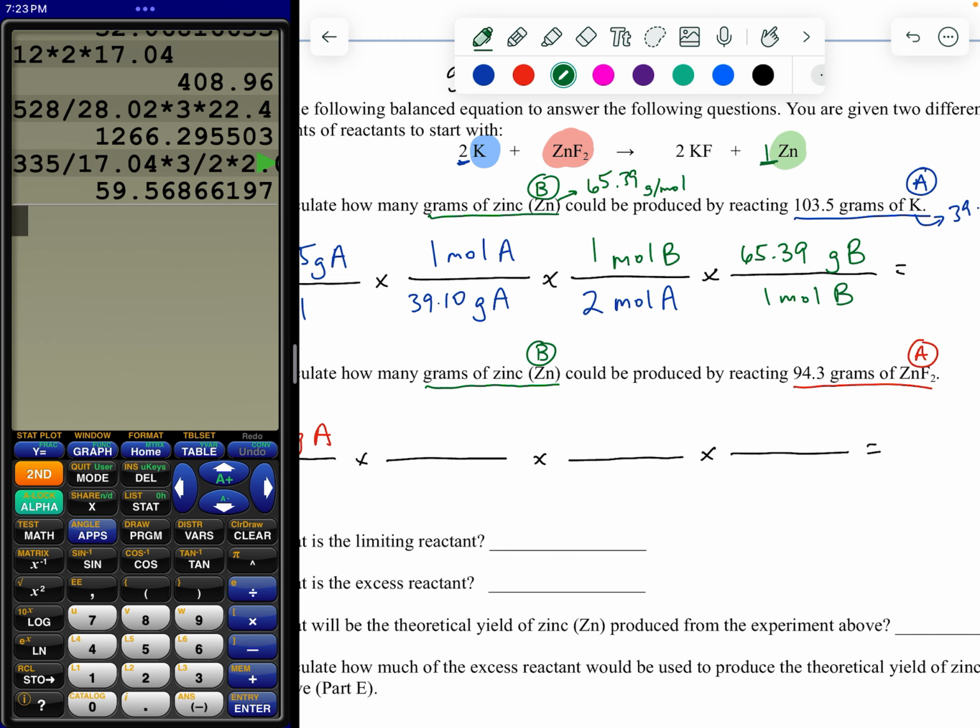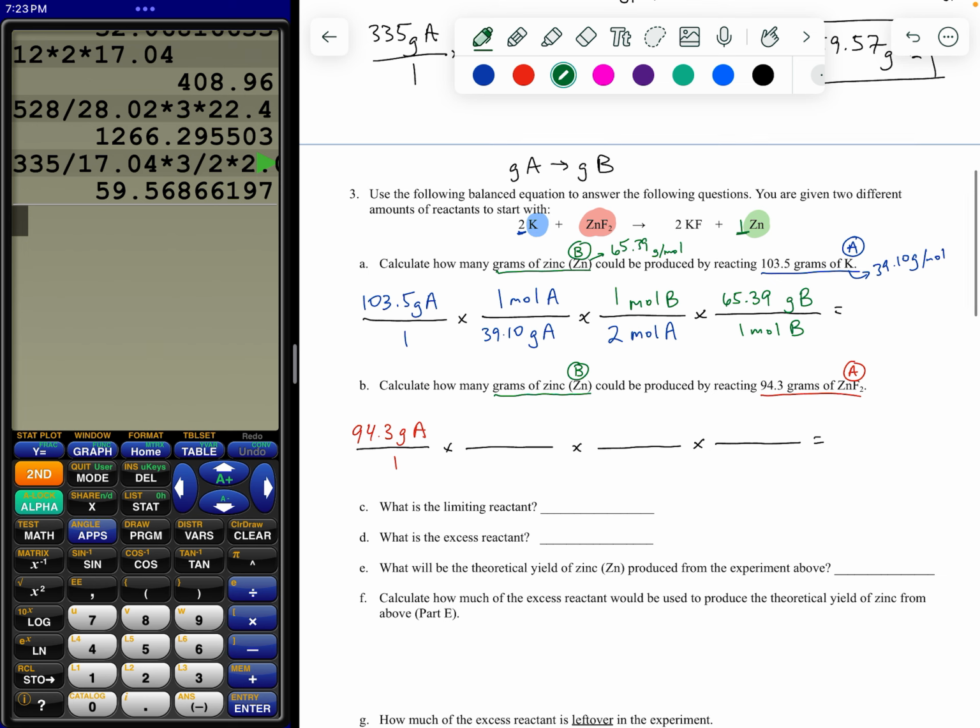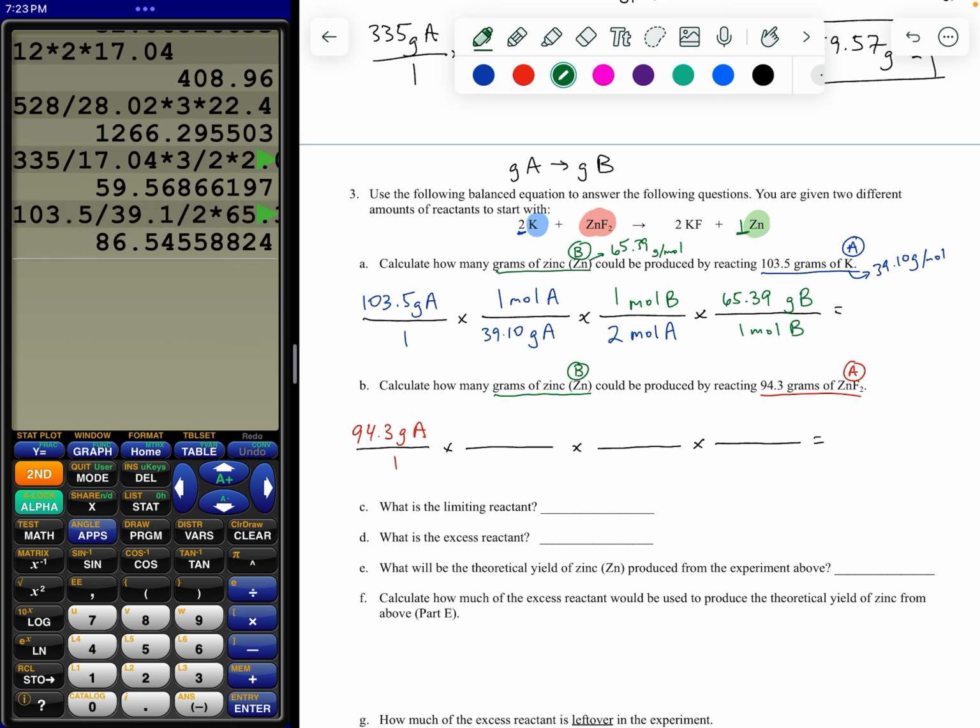So there is that, and then we can solve, and we can figure that amount of product out, or that yield. So 103.5 divided by 39.1, divided by 2, and then times 65.39. And that gives us 86.50.